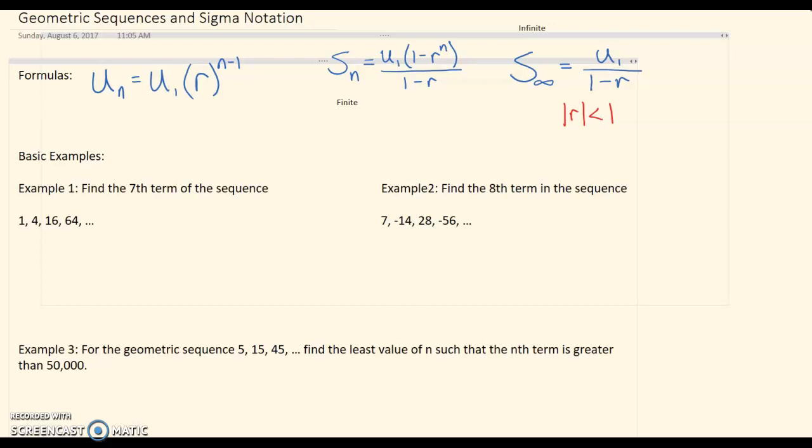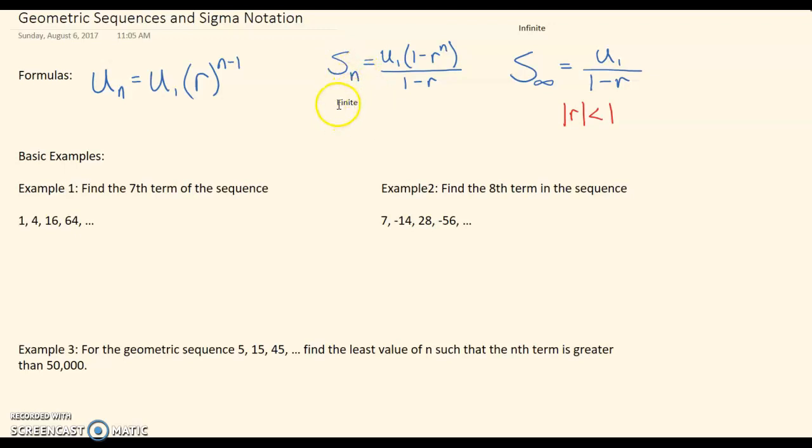The general form is u sub n is equal to the first term, u sub 1, times r to the n minus 1, where r is the number that you're multiplying by, the common ratio. Then we have this formula, which is the sum of the first n terms.